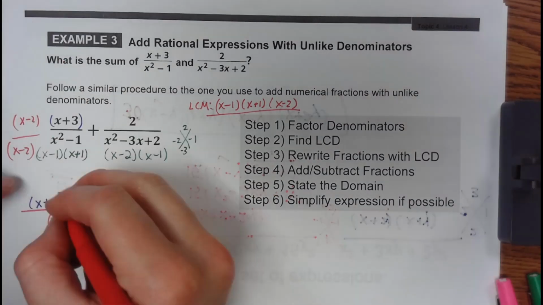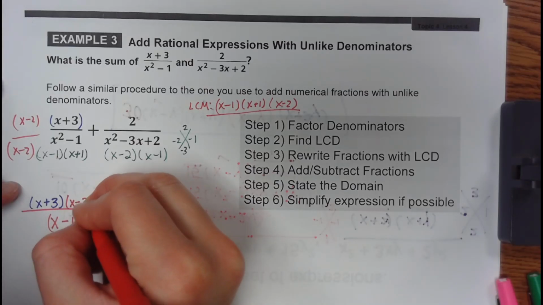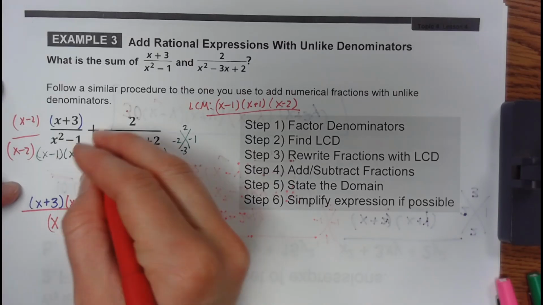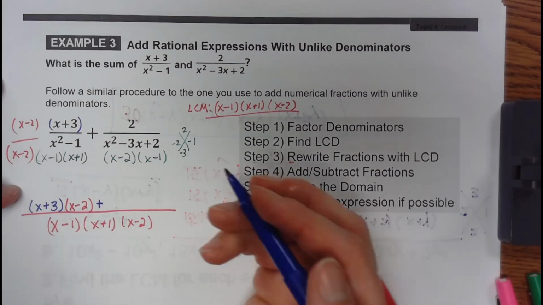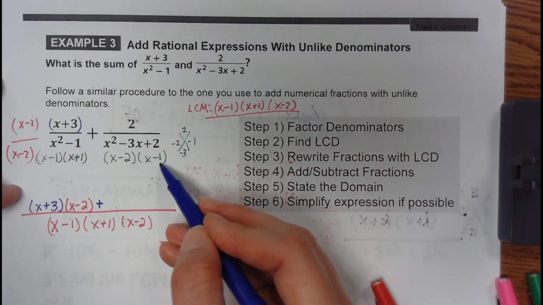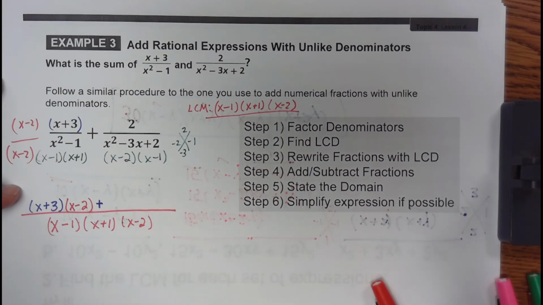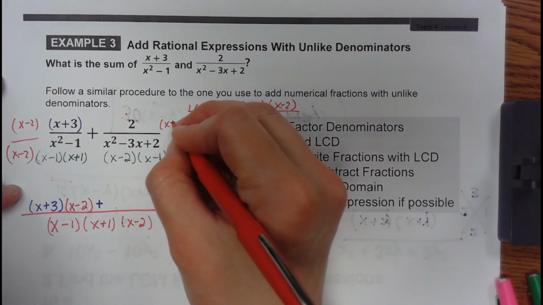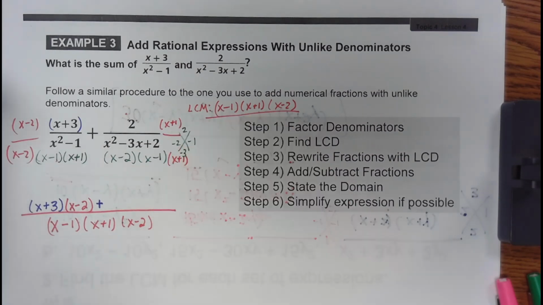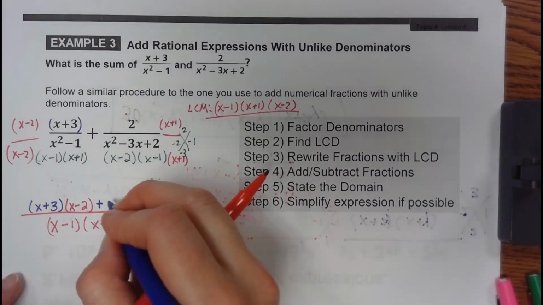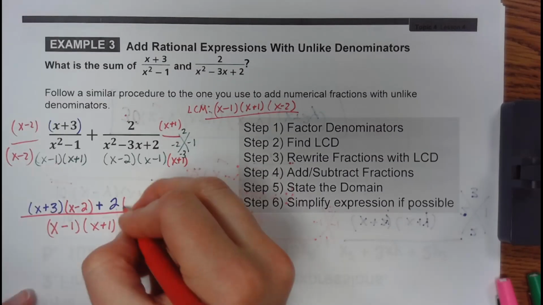So I need to multiply this top by an x minus 2. The plus sign is going to go here. Now what is missing from this group would be the x plus 1. So we would multiply by x plus 1 over x plus 1. So that means we have 2 times my x plus 1.